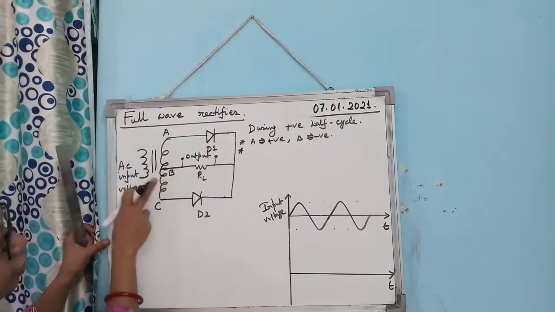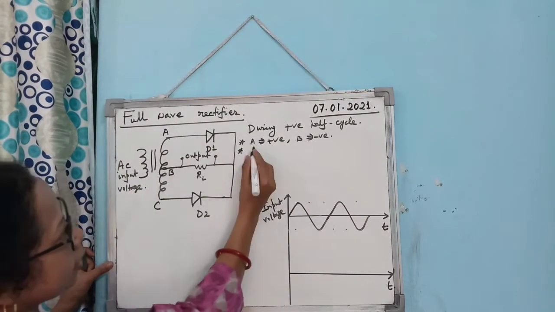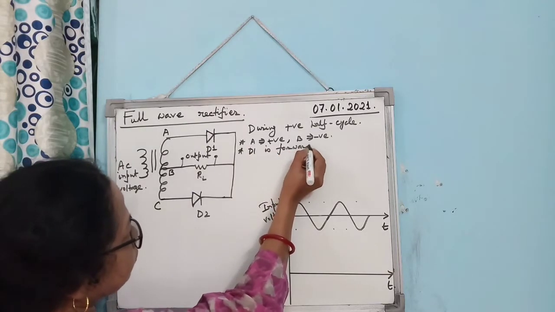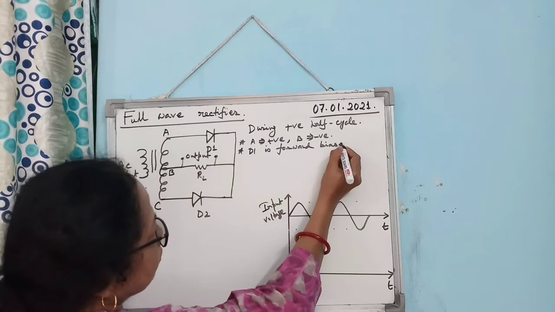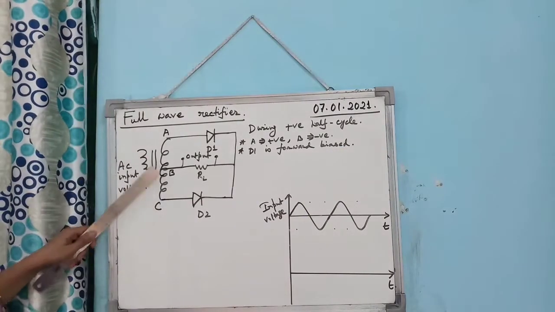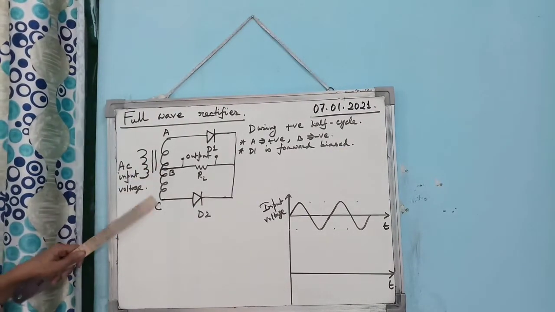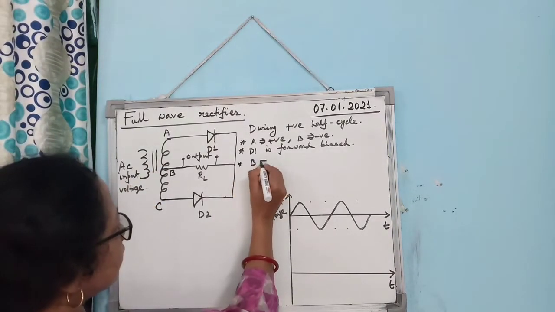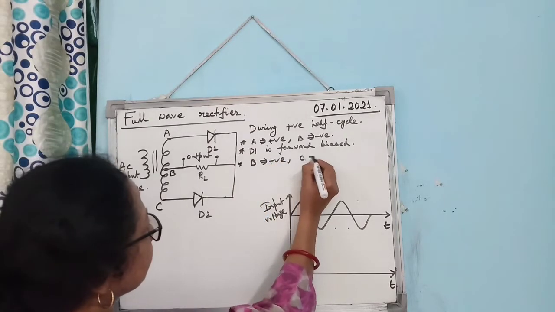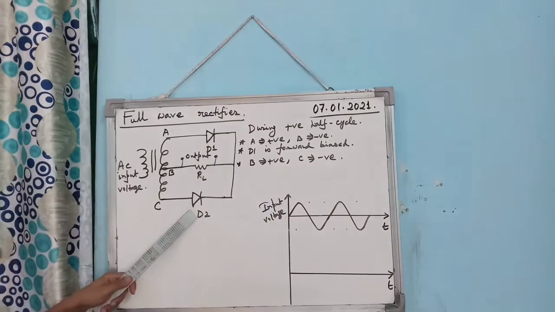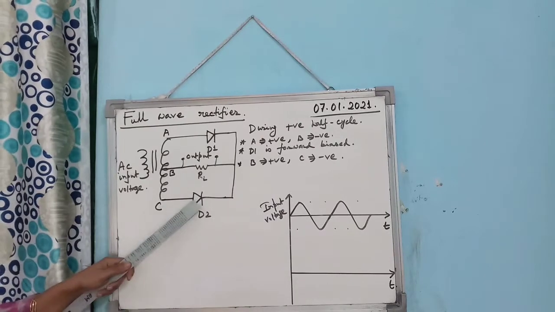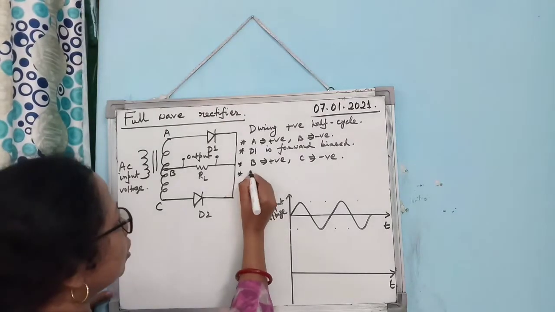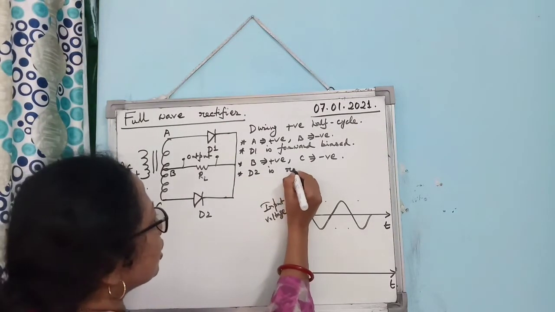So A positive, B negative means diode D1 is forward biased. Is that clear? Now come to the points B and C. With respect to B and C, B is positive, C is negative. So look at the diode D2. C negative, negative is connected to P. Means what? D2 is reverse biased.